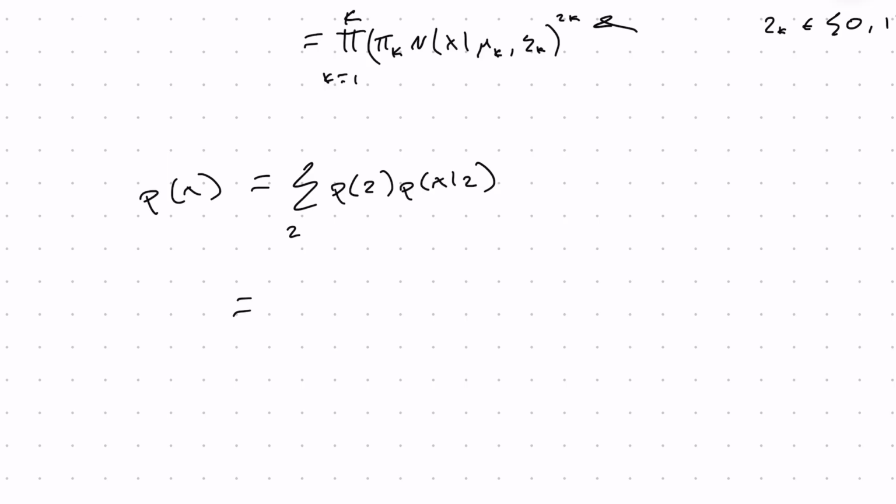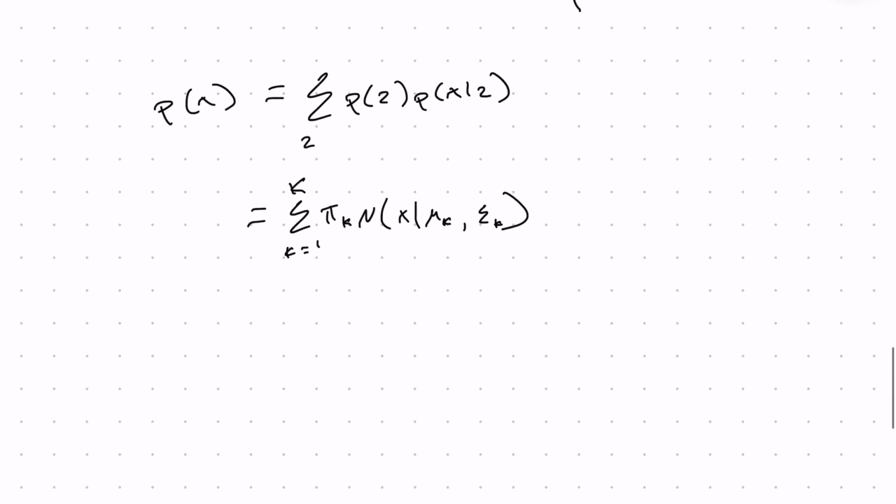So this means that this is going to simplify, and then we get the sum over k equals 1 to K of the prior times the Gaussian. So this simplifies to this. So now we have the probability of one data point.